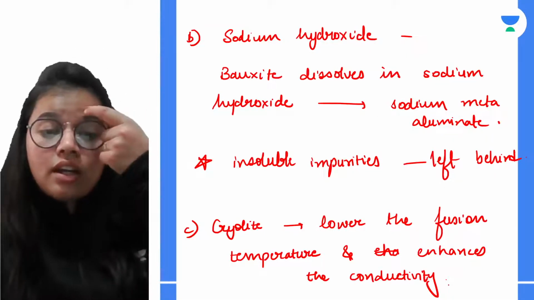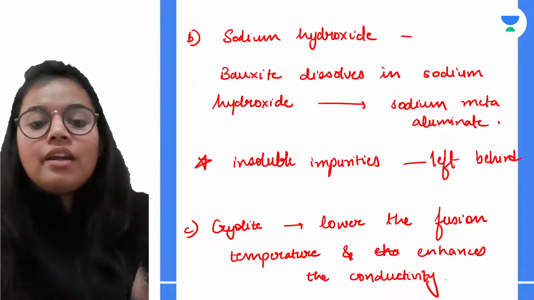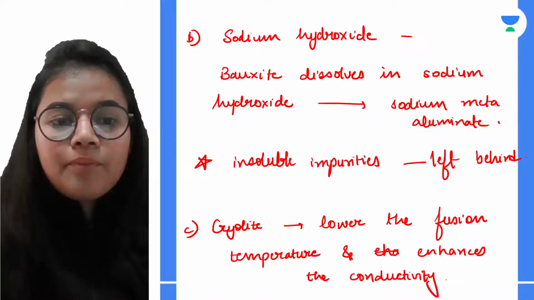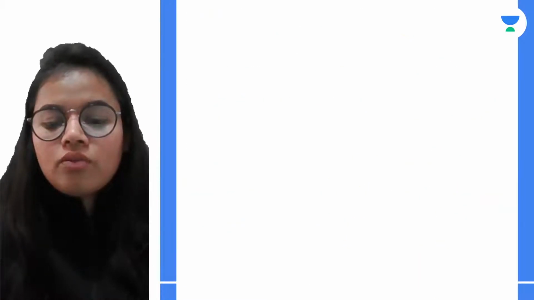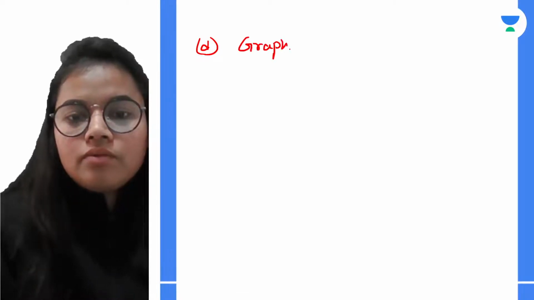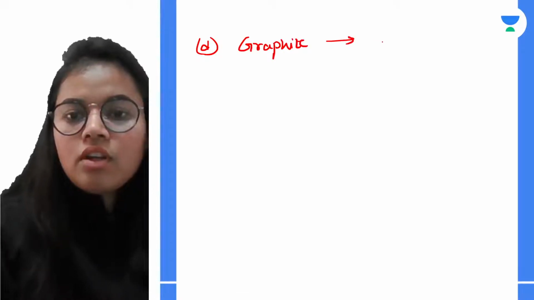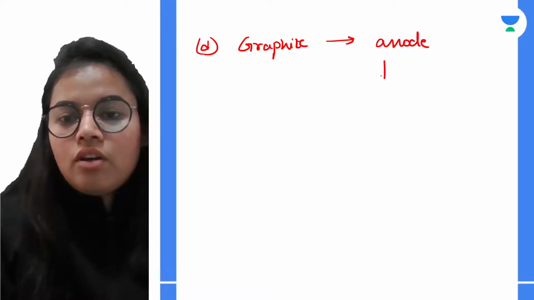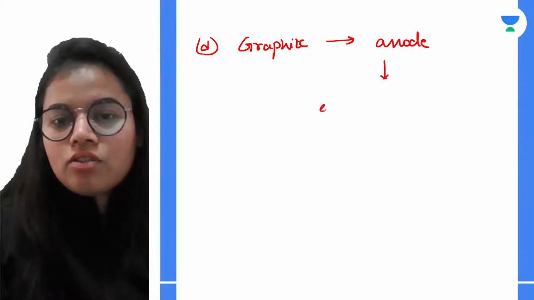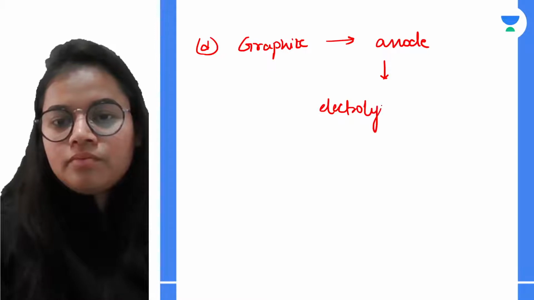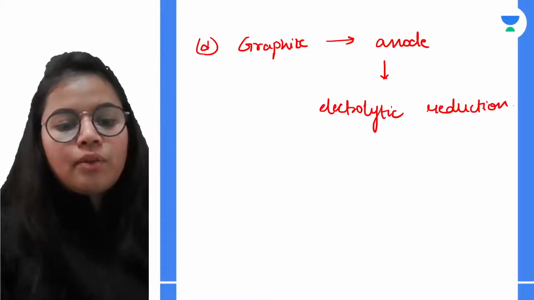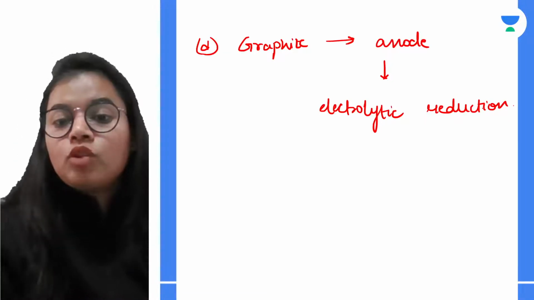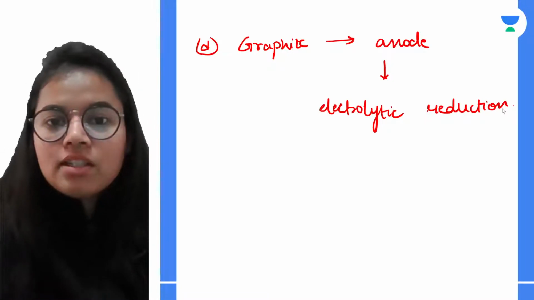So the two uses are: lower the fusion temperature and enhance the conductivity. Next was graphite. We have graphite rods that are used as the anode in the electrolytic reduction. So these are the uses. Correct? Hope that the uses are pretty much clear.